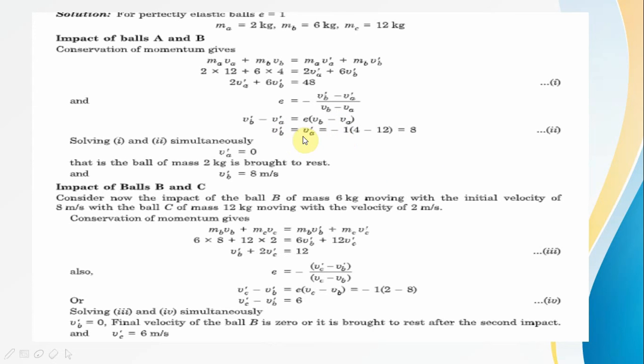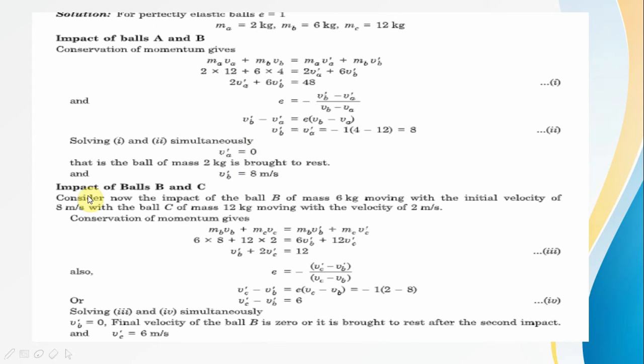So we get VB dash minus VA dash equal to 8. So we get two equations in the variables VA dash and VB dash. When we solve both equations, we get VA dash equal to 0 and VB dash equal to 8 meter per second. So this first ball comes to rest. So the first proof is there that VA dash is equal to 0.